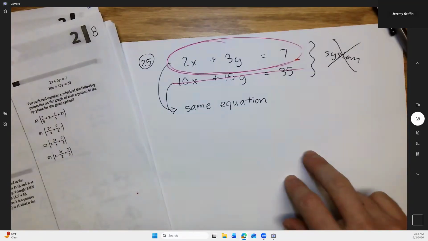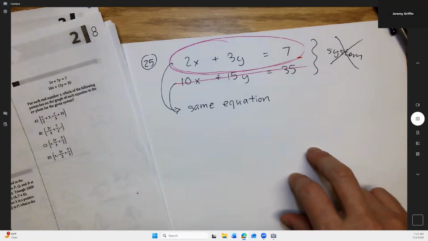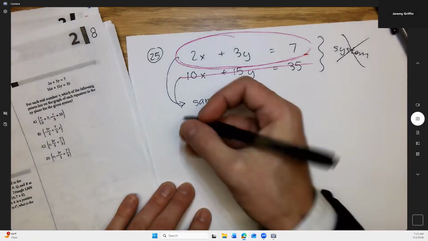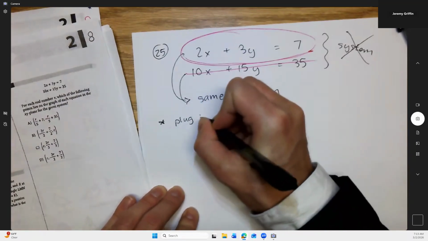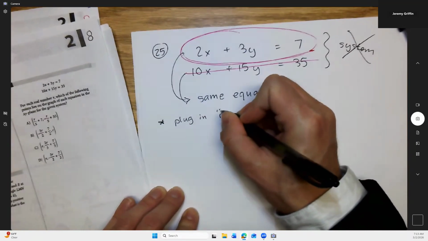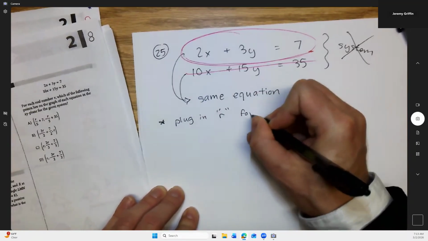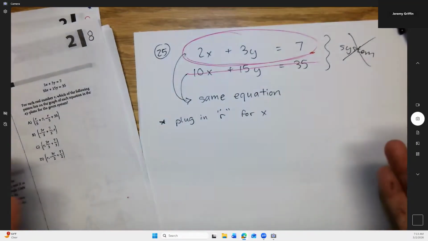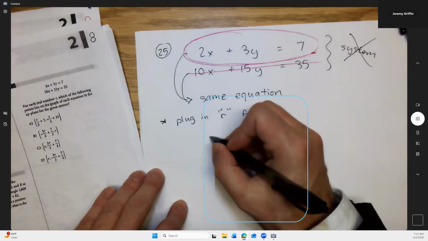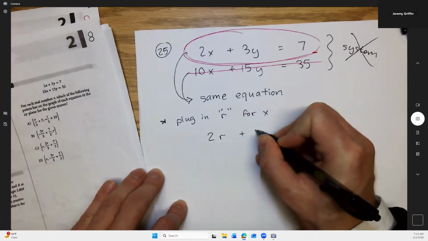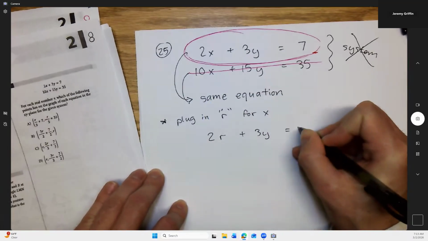My first thought is, maybe we could plug in r for x. So let's try that. We'll play around with that and see if it leads to one of the multiple choice answers. Maybe it does, maybe it doesn't, but let's see what happens. So we get 2r plus 3y is equal to 7.